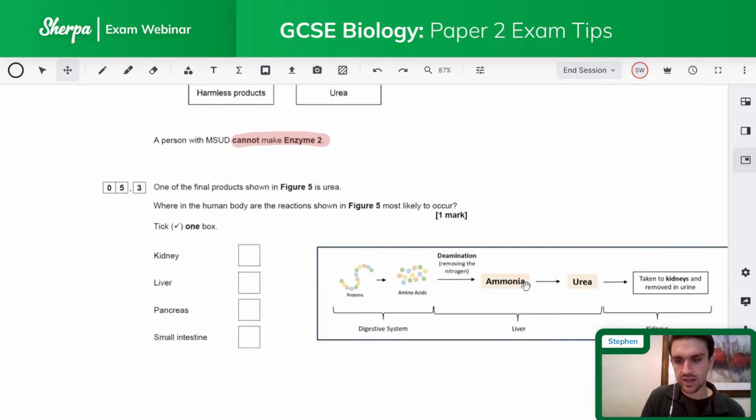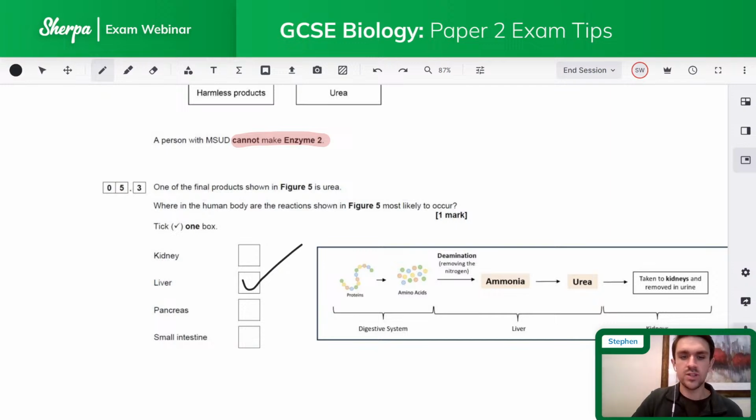So where do all these reactions take place? Well, deamination and conversion of ammonia to urea occurs in the liver. So it's a simple tick box question, but it's really stretching your higher knowledge. Easy marks if you know it. Just that little bit of extra focus on that revision can score you a few extra marks there.